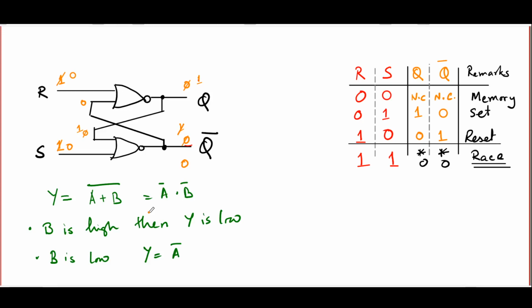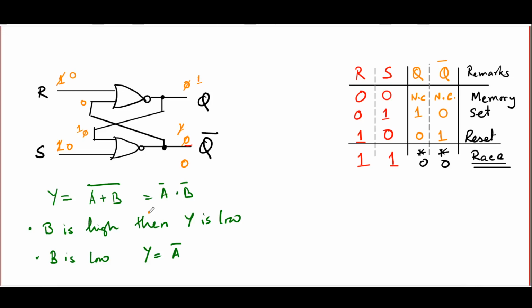So what you would end up with is a situation where in the natural state of the inputs 0 and 0, you cannot really be sure what the output is going to be. The output will depend on whichever thing goes first. That is what race means here. Let me stress once again, when the inputs are both 1, that is not really the race condition. You label that with race, but the race actually occurs when the inputs go back to 0 and 0.